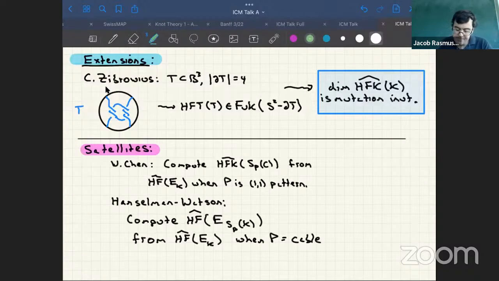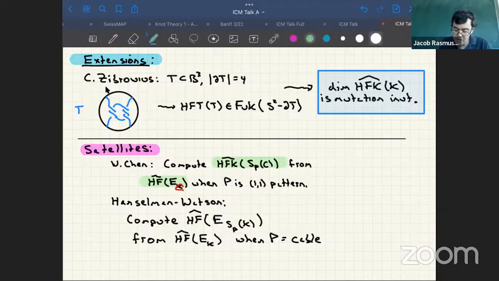And then the other extension that I want to mention has to do with the satellites that we talked about before. Some very nice work of Wenzhao Chen shows that you can compute the knot Floer homology of a satellite knot from HF hat of C, the complement of the companion knot, when P is a 1-1 pattern.